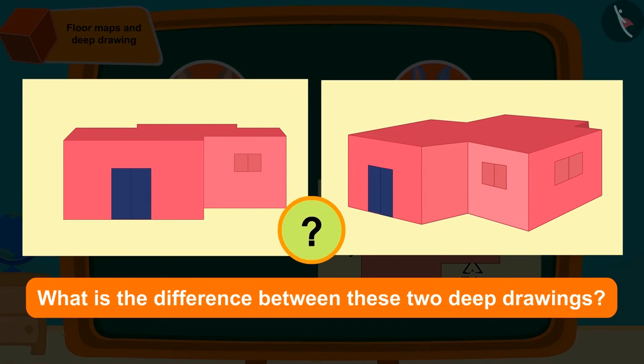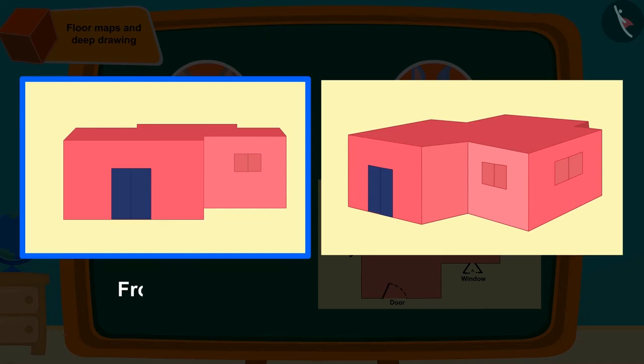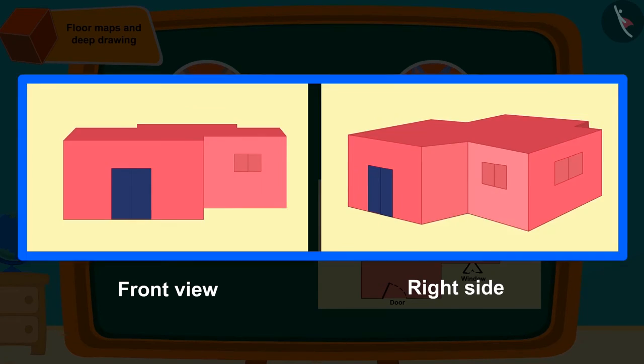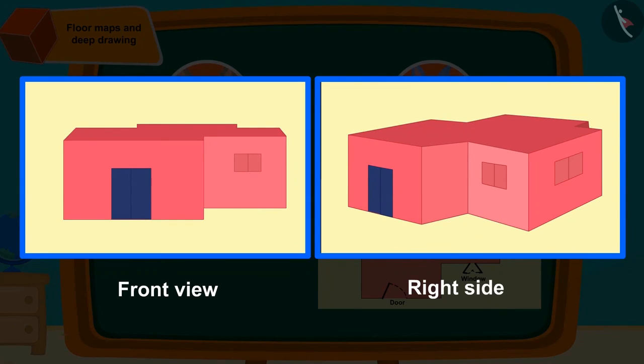Actually, this picture is made by looking at the room from the front, while this deep picture is made by looking at the room from the right side. We can see any three-dimensional objects from different views. We will learn about it in the next video.